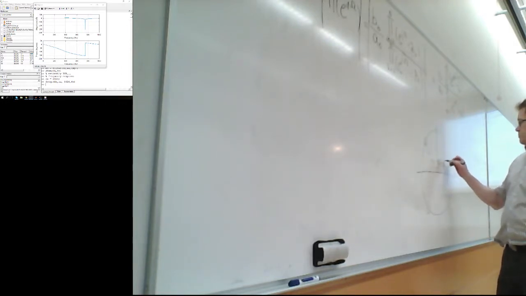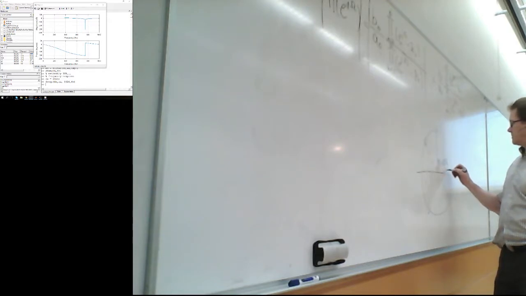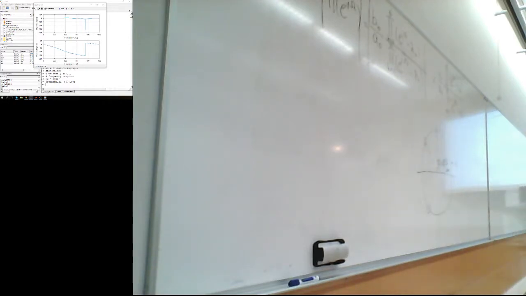So that's 2 pi f divided by 2000. That comes to a frequency of 750.